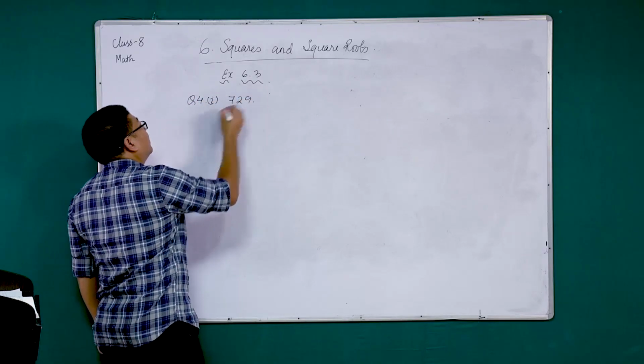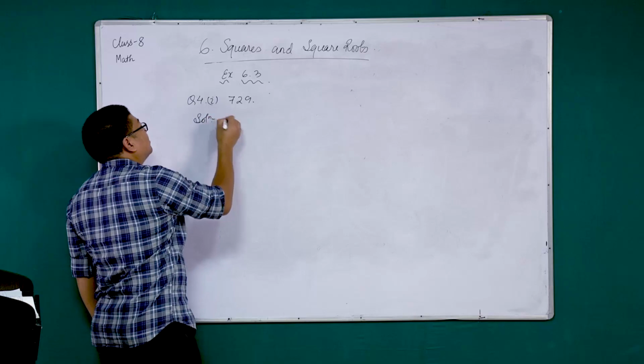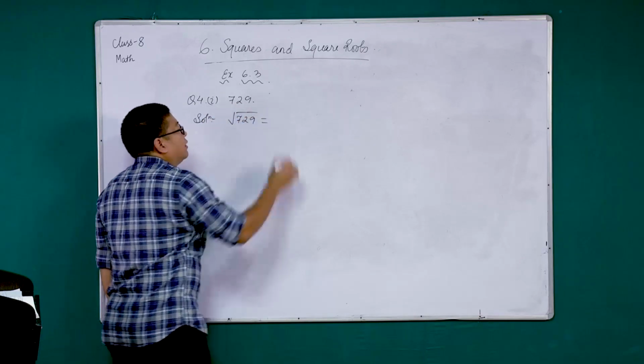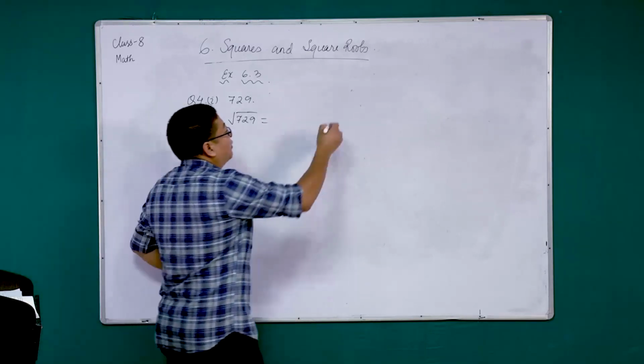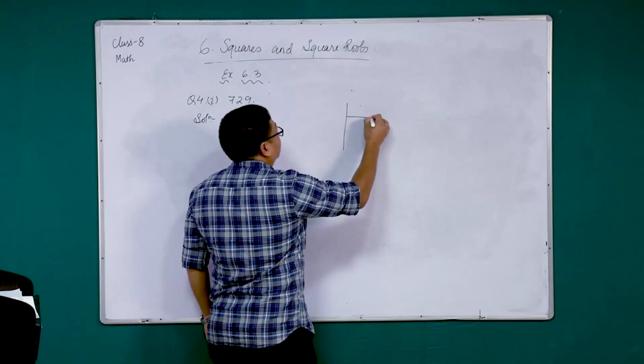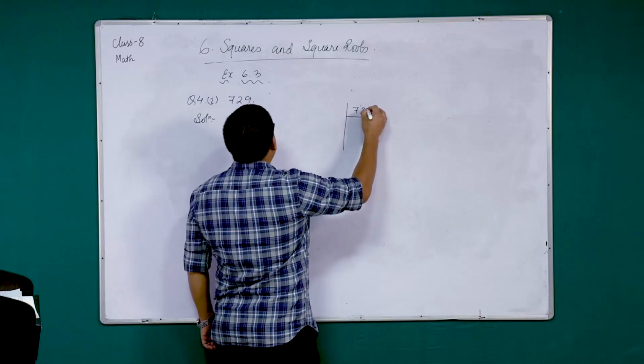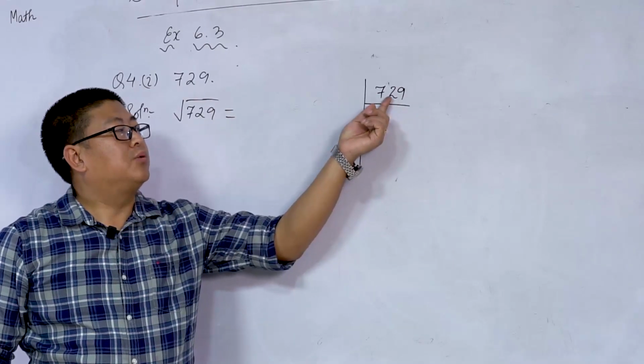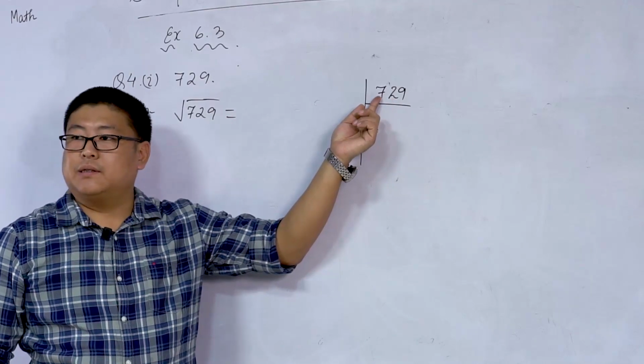729. We have to find the square root of 729 using prime factorization. Prime factorization is simply done like this. You can either do 9 plus 2, 11, 11 plus 7, 18.